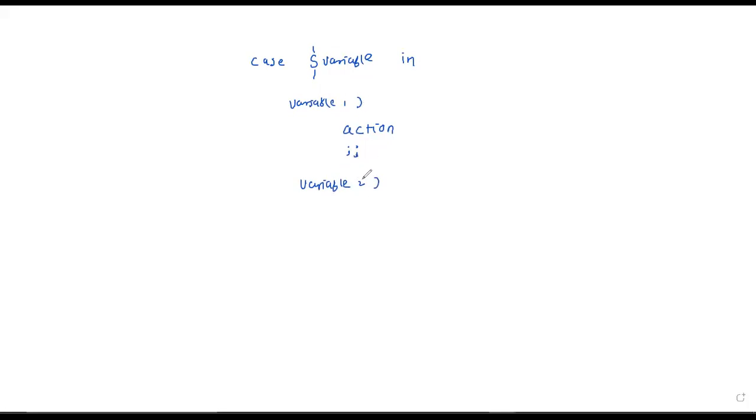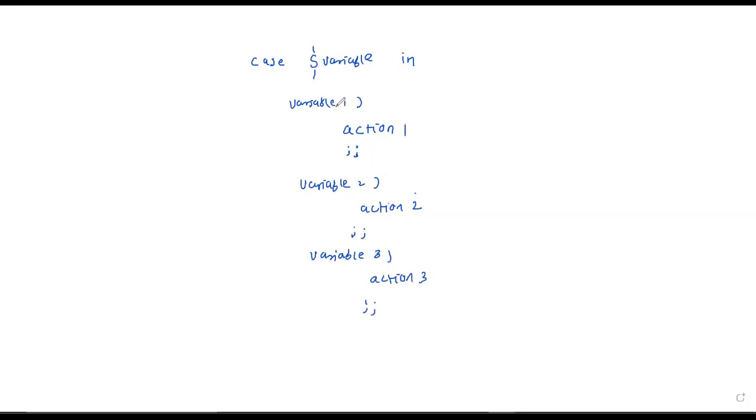If this variable 2, then this is the action. Then we write a semicolon, variable 3, third action, semicolon, and so on.